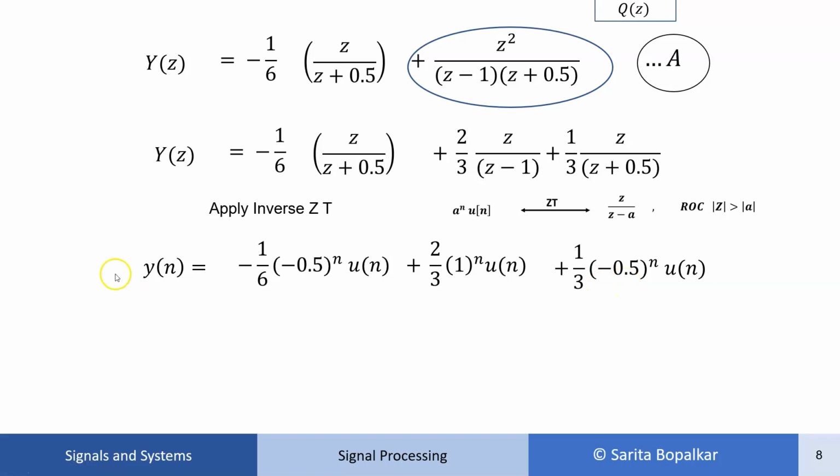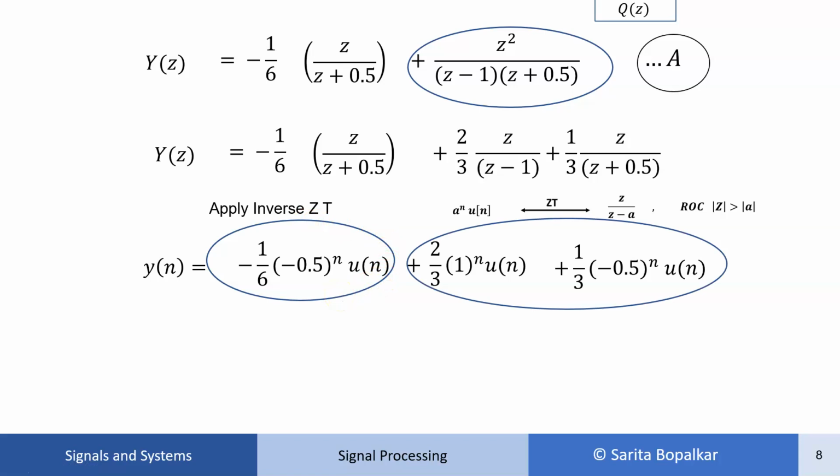Now if we observe this complete response, this part is because of the initial condition y(minus 1), and this part is because of your input x(n) equal to u(n), the unit step.